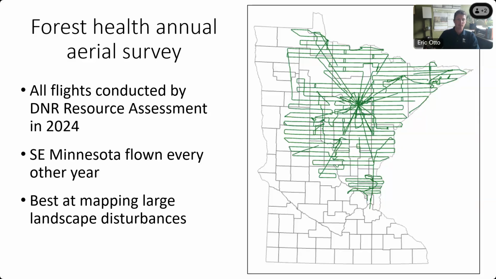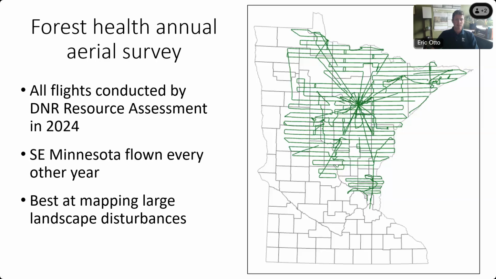For this section, a lot of what I'm going to share is data obtained through our aerial survey. So, a quick introduction to the aerial survey program that we have here in Minnesota. We fly most of the forested regions in Minnesota every year, and we have a unit within the DNR resource assessment that did all the flights in 2024, and will most likely do all the flights this year as well.